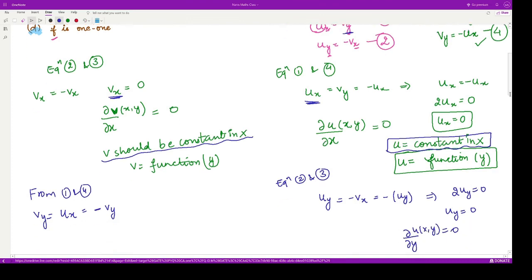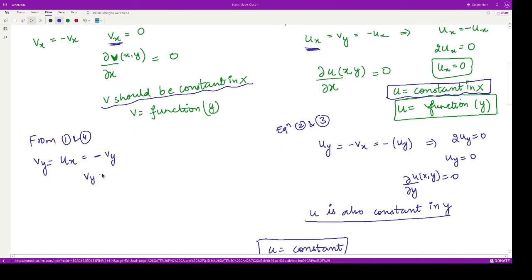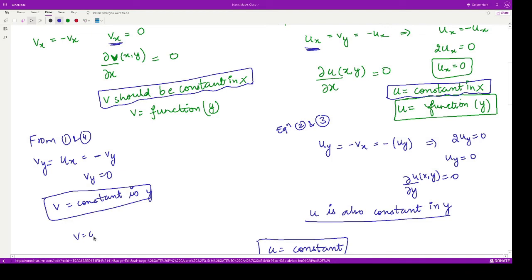So again we would have vy is equal to 0, so that means v should be a constant in y, so if it is a constant in x as well as in y, it is overall a constant.